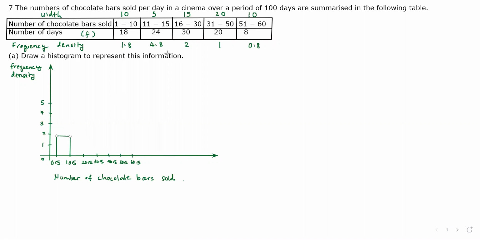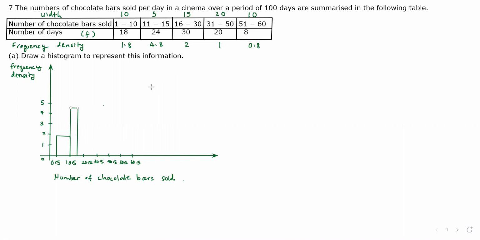The second class has density 4.8, so we go all the way up to 4.8 for the second class, from 10.5 to 15.5. 15.5 is here. So that will give you the second class.